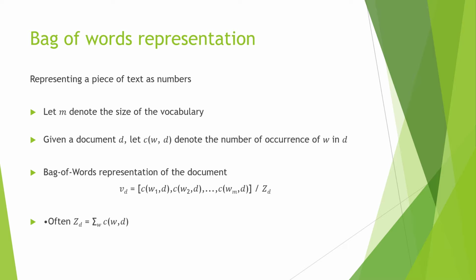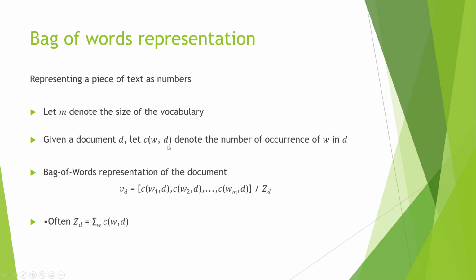So let M denote the size of the vocabulary, and given document D, let C(W, D) denote the number of occurrences of W in D. So let me explain this for a minute. C(W, D) is the frequency or the number of occurrences of the word W inside document D.